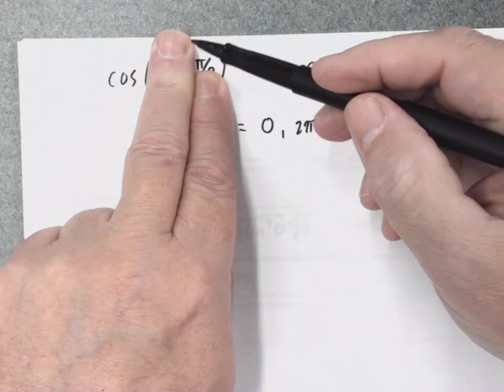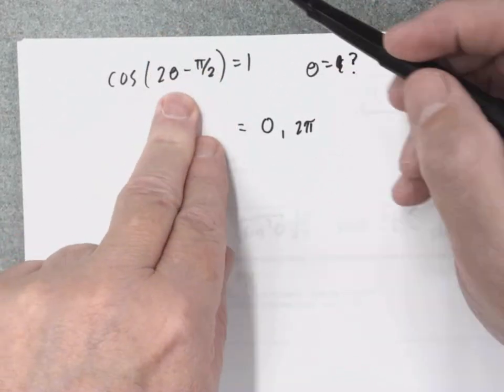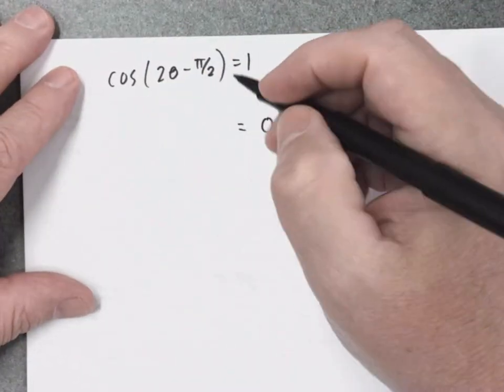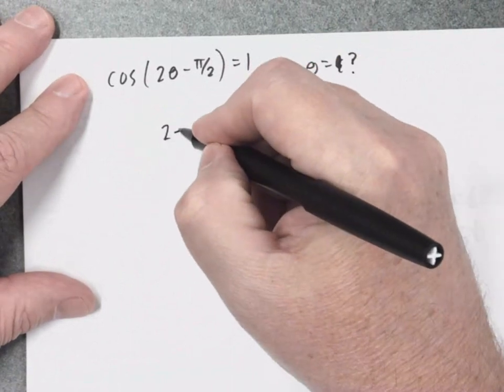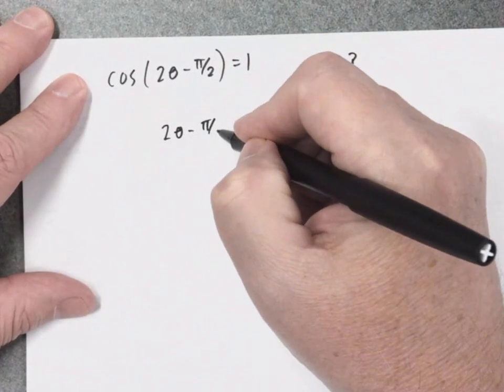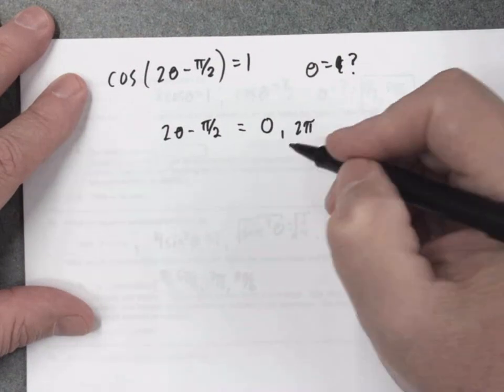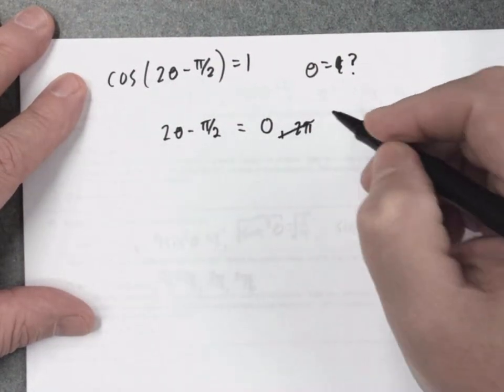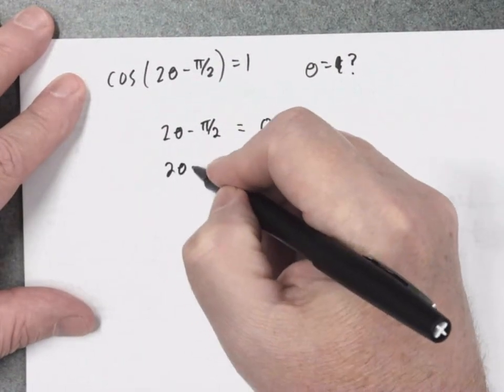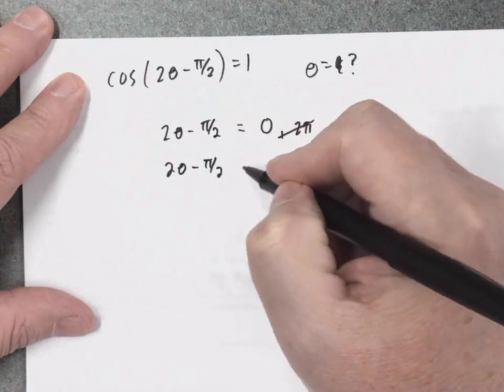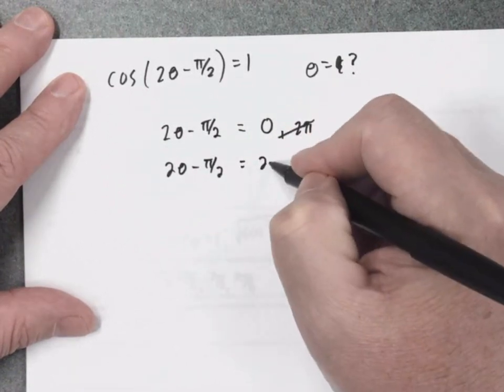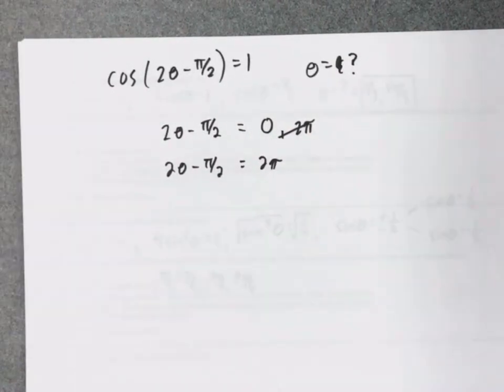But of course, I don't have theta in here, I have this. So therefore, matter of fact, to make it simpler, we'll just write it twice.